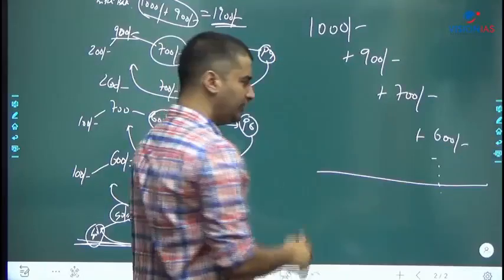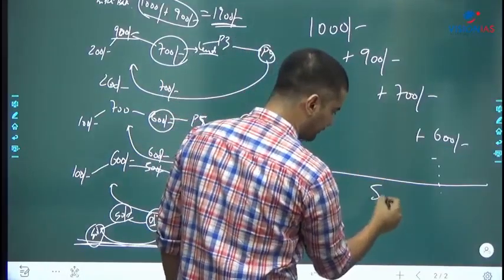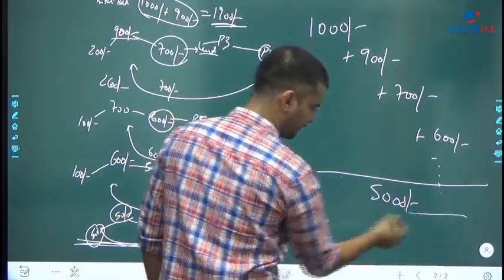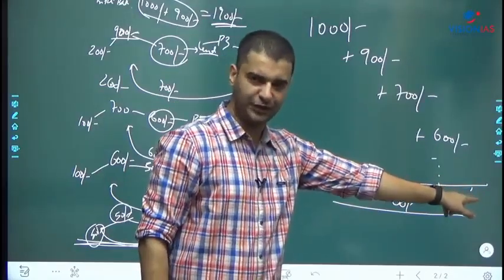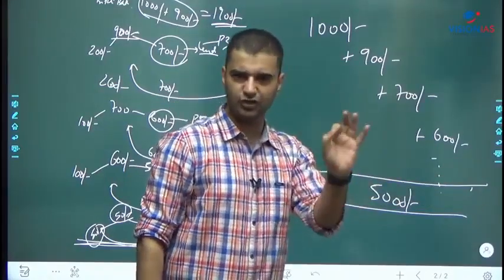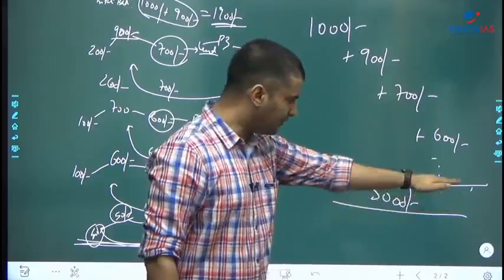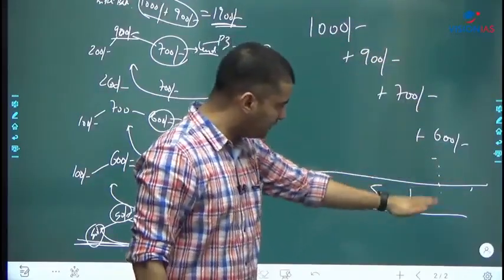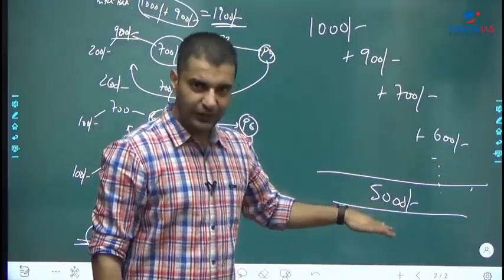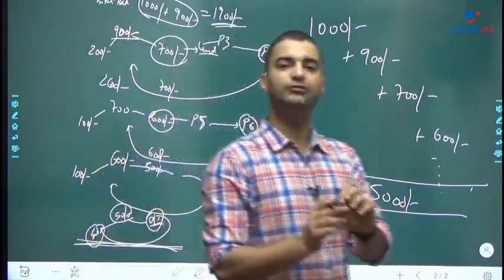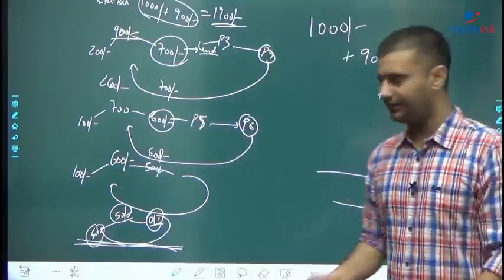Let's say eventually it stops at 5000. Eventually when the last rupee comes to the bank and is circulated back by the bank, after that the bank is left with nothing. Eventually the sum of all these comes out to be 5000. Let's say 5000 rupees is now the total amount of money circulating in the economy.